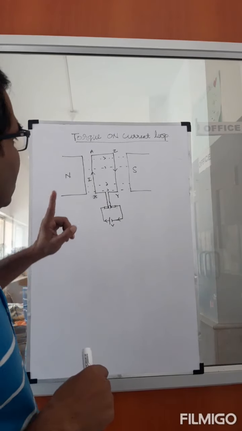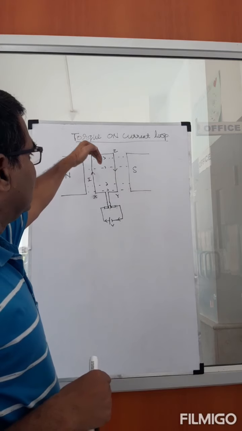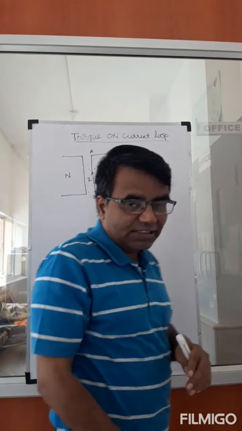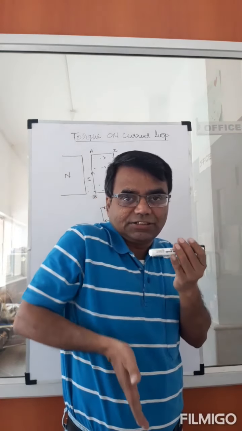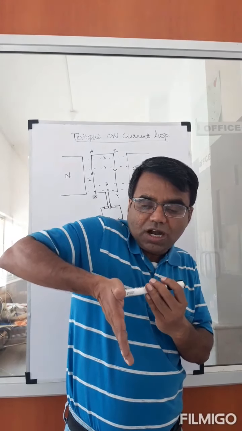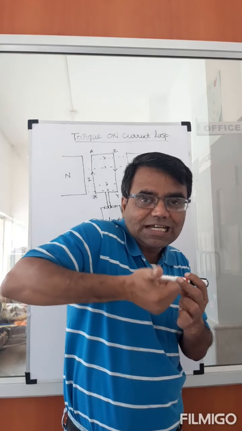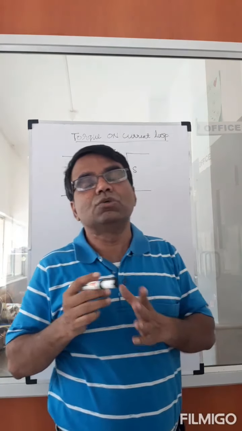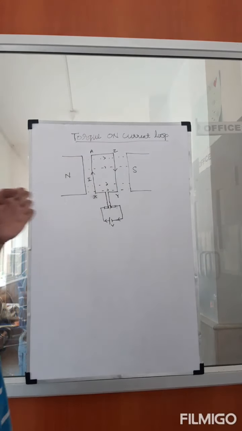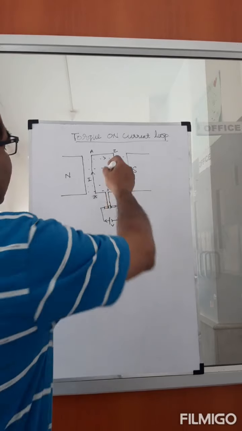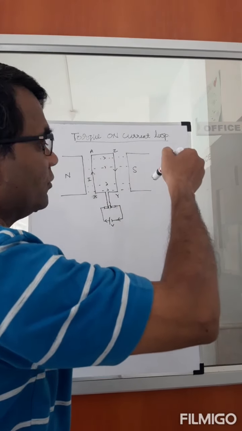Now we'll talk about this side. The current is flowing in this direction, so I is in this direction. B, as I said, is in this direction only. So IL cross B gives a force in this direction, out of the board. So the force on this part of the conductor is into the board, and the force on this part of the loop is out of the board.